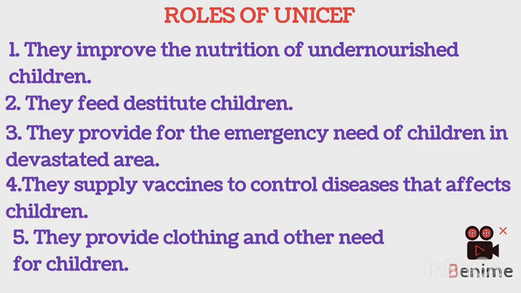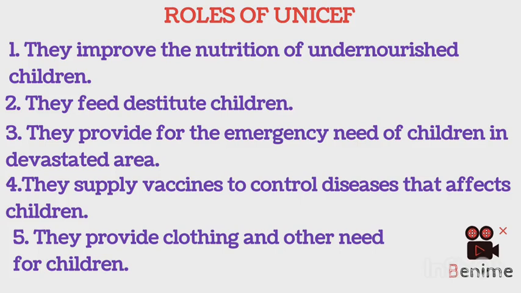UNICEF is saddled with that responsibility of feeding such children. Number three, they provide emergency needs for children in devastated areas. Devastated areas are areas that have experienced war or are experiencing natural disasters. So for the children there, UNICEF provides emergency needs like food, shelter, drugs, and all that for such children in those particular areas.